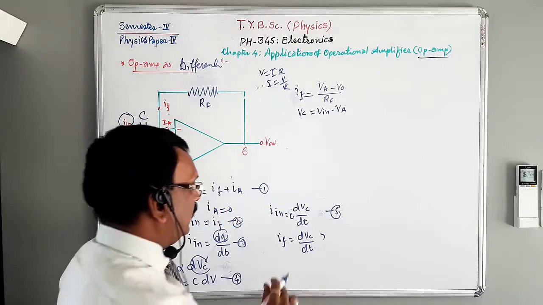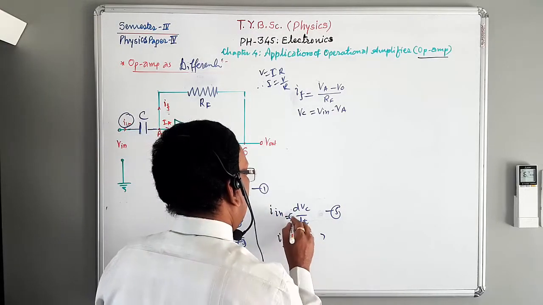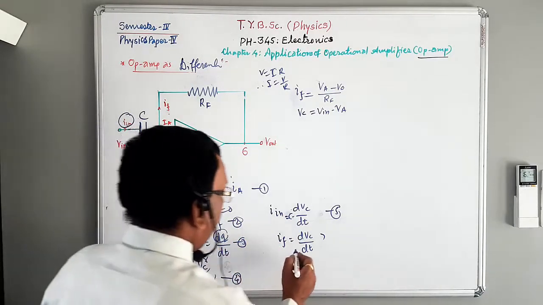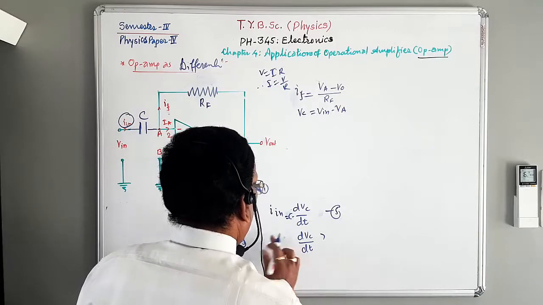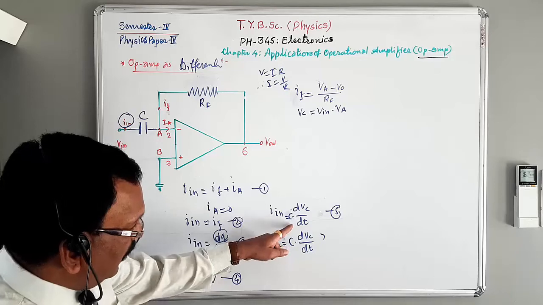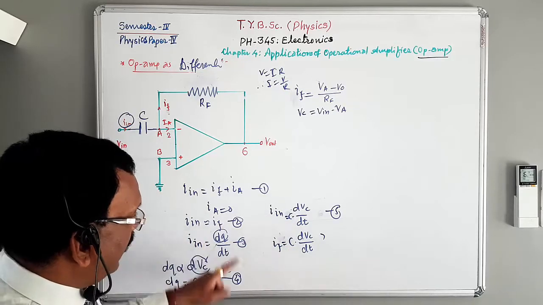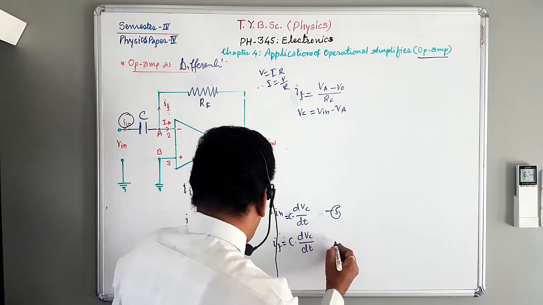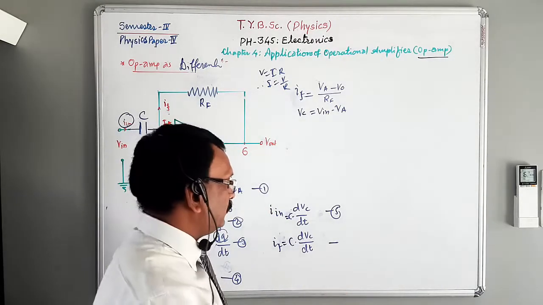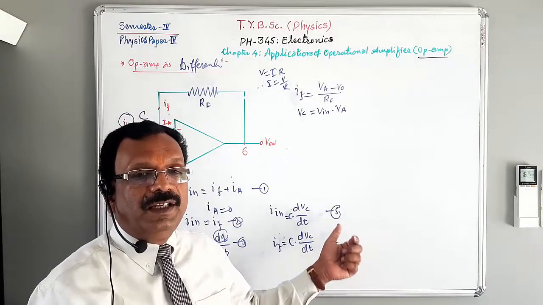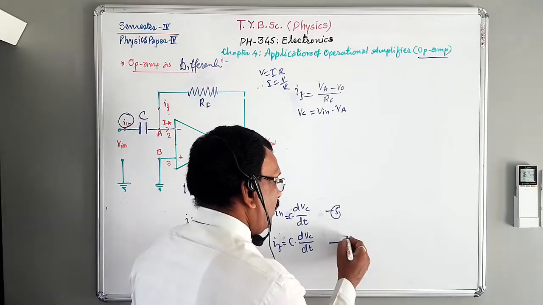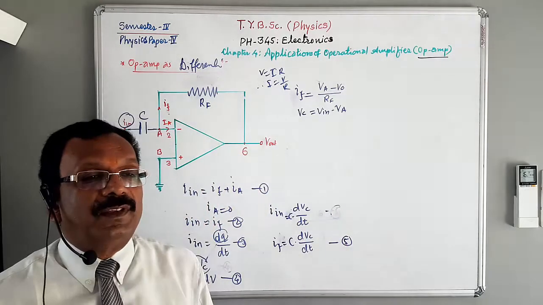But I_IN and I_F are equal. Therefore, here also we can write I_F instead of this, because I_IN is equal to I_F, and give this the same equation number 5.